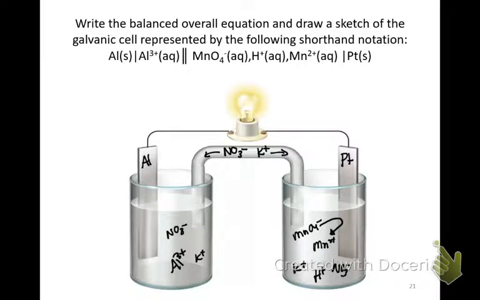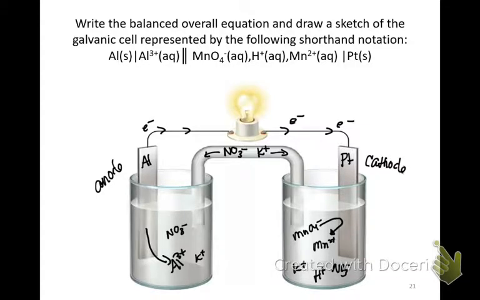Now, let's show the direction of electron flow. We said that the aluminum atoms are becoming aluminum ions, so that's going to mean that electrons are produced at the anode. So here's our anode, and they're going to travel through the wire to light up the light bulb, and then they're going to be used to reduce permanganate to manganese 2+ at the cathode.